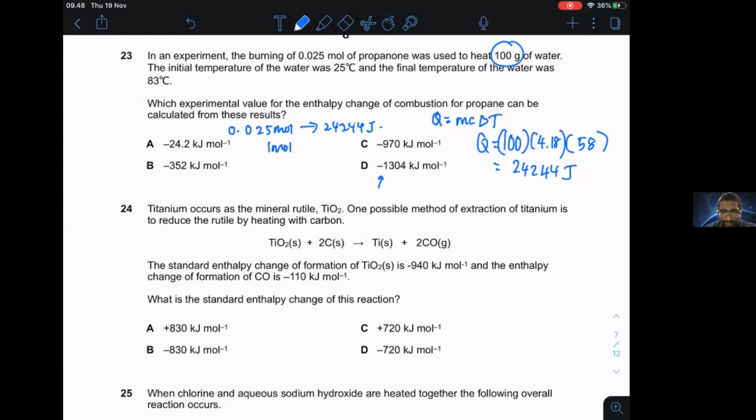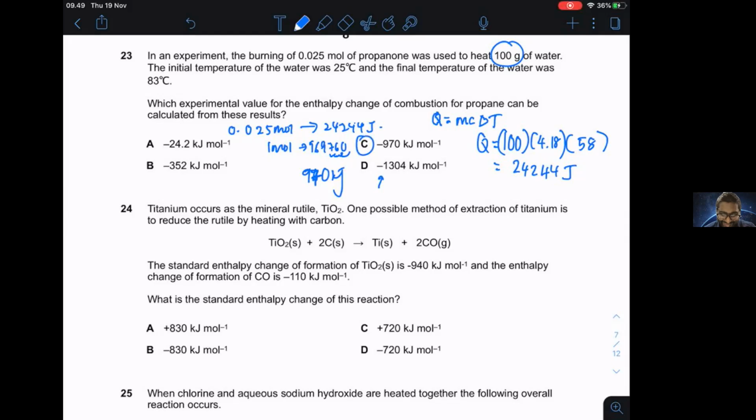So you just need to divide 24,244 by 0.025 for 1 mole. You are going to get 969760. You can change it into kilojoule, so 969.76, about 970 kilojoule, and it's negative because it's exothermic. So the answer is going to be C.